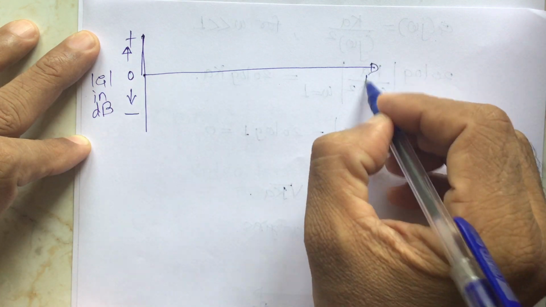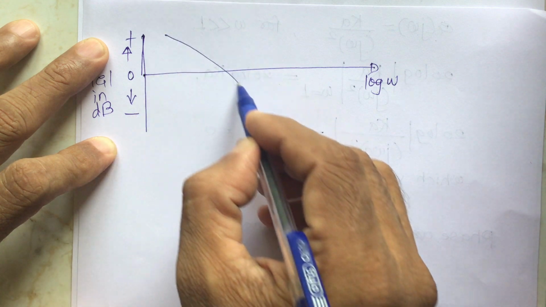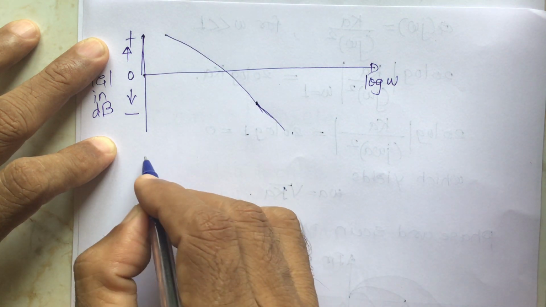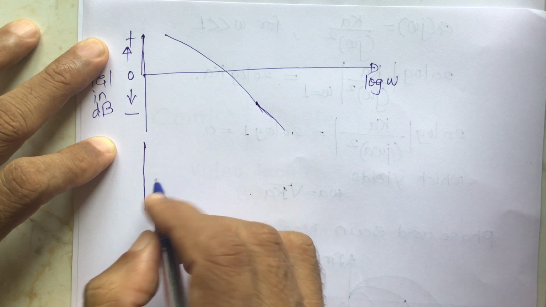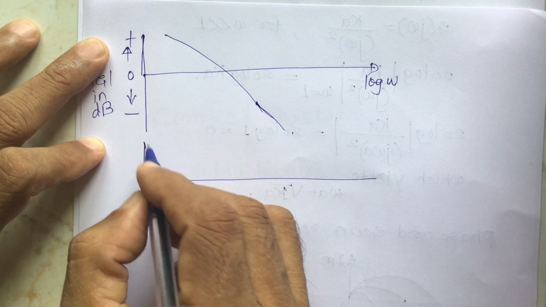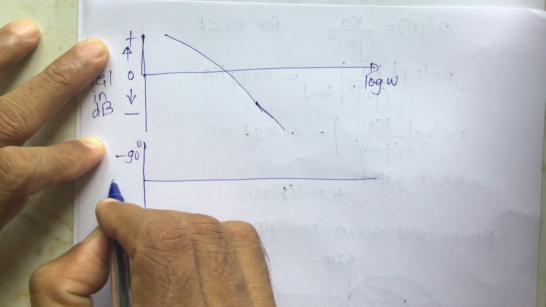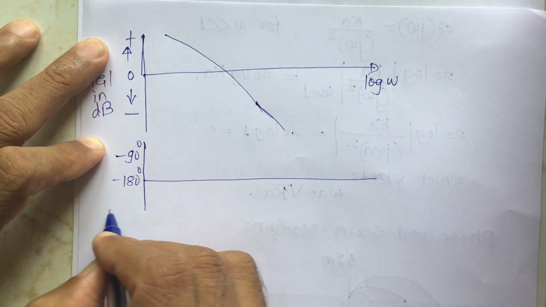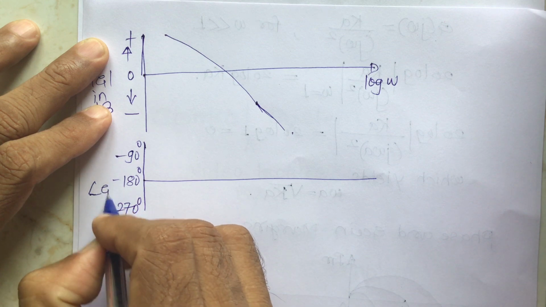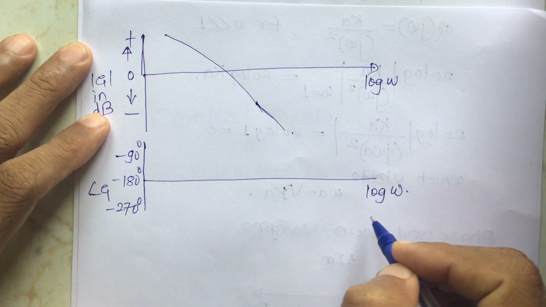So this is log frequency, and therefore your plot is supposed like this. Okay, and this is minus 90 degree, this is minus 180 degree, and this is minus 270 degree. So this is angle of G. So this is also versus log omega.